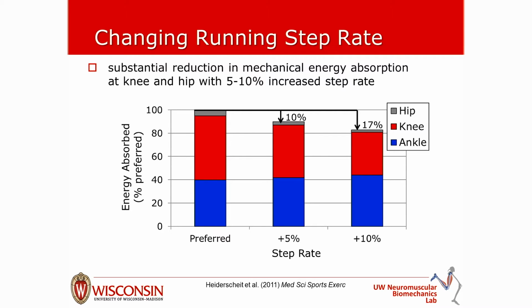And a 10% increase in turnover gives you a 17% reduction in joint power. Now notice which joint shows the biggest benefit, the hip, the knee, or the ankle. The knee shows the biggest benefit in terms of energy load reduction.